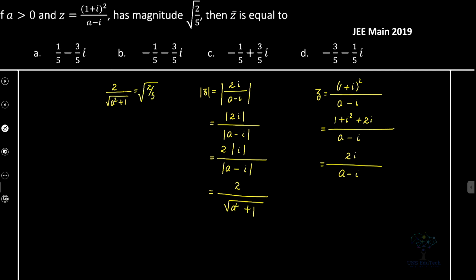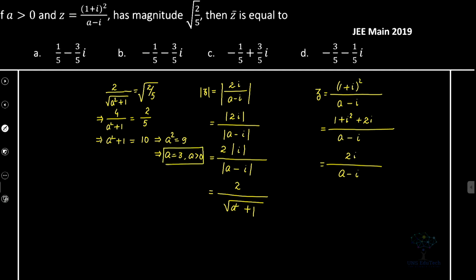So obviously, we have to square them up. So 4 by A squared plus 1 is equal to 2 by 5, which implies that A squared plus 1 is actually 20 by 2, that's 10, which implies that A squared is equal to 9, which implies that A is equal to 3, as A is greater than 0.